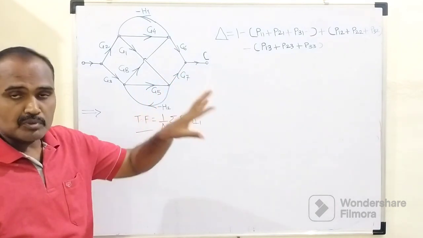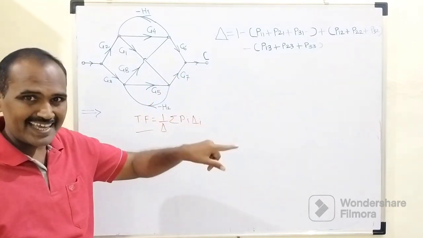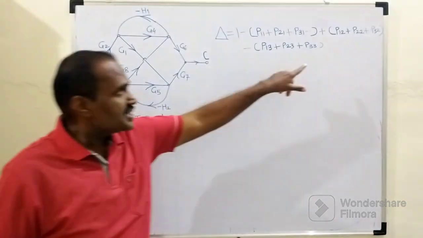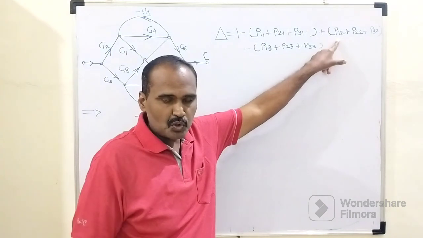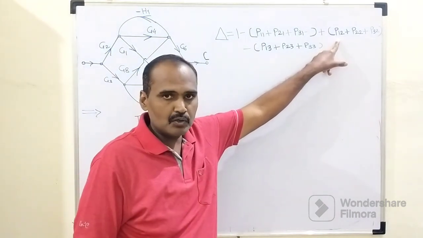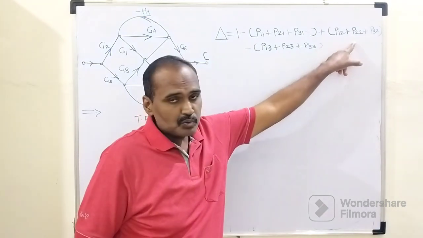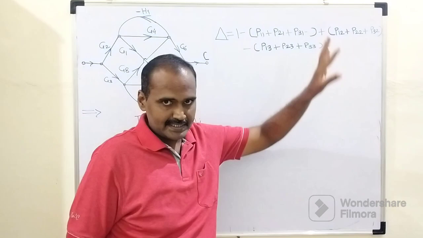If we have the first two non-touching loops, their gains are multiplied, denoted by P12. If we have another pair of non-touching loops, their gains are multiplied and denoted by P22, like this.